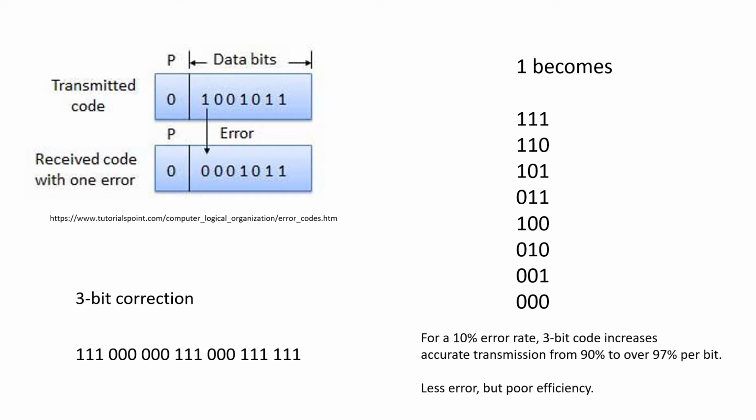If it by chance flips and becomes a 0, then instead of transmitting 1001011, we would transmit 0001011. So we could think of that mistake as a point mutation in the code, just like we talked about point mutations in DNA.